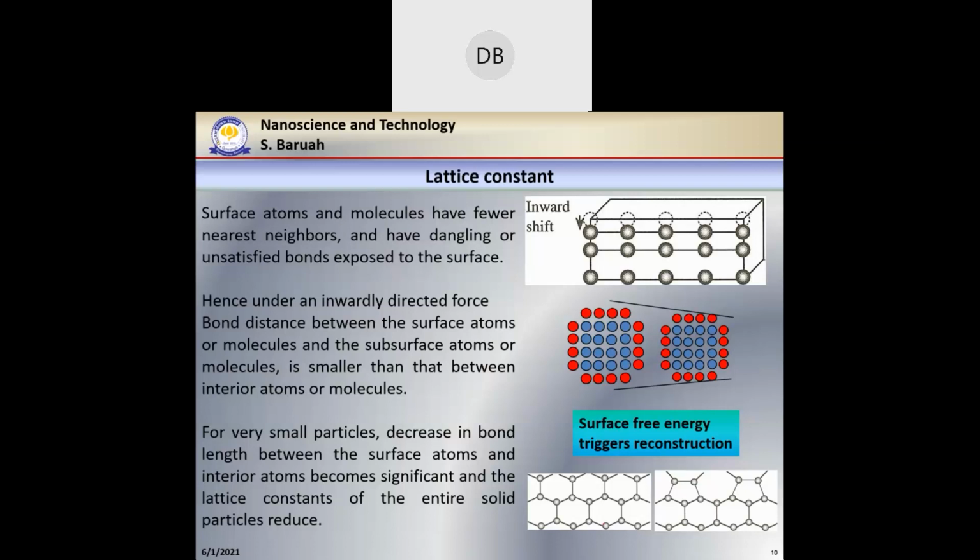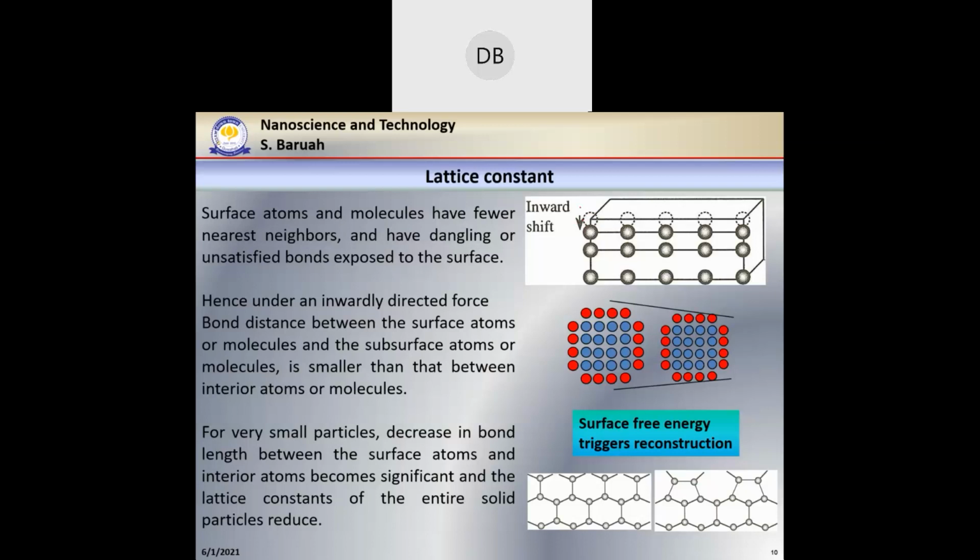So it says the surface atoms and molecules have fewer nearest neighbors. Already we mentioned that, right? That means a few of the bonds are free because there is nothing on one side, and that is what we call dangling bonds. See here, these are given here like this, round. So these are basically dangling bonds.